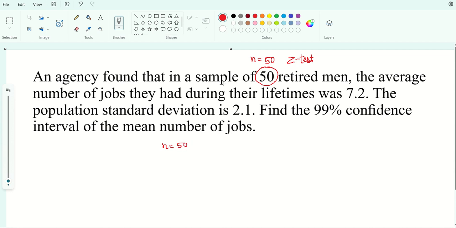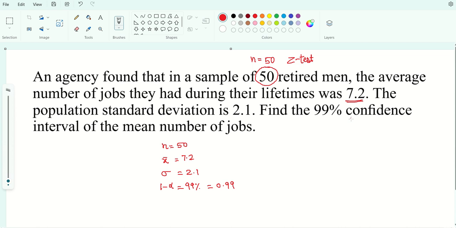The average number of jobs they had during their lifetime, x bar, is equal to 7.2, and the population standard deviation sigma is equal to 2.1. Find the 99% confidence level. Confidence level means 1 minus alpha, so 1 minus alpha is 99%, which means 0.99. So alpha we can calculate directly.